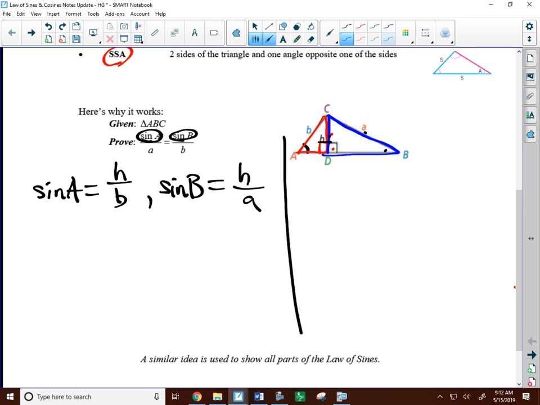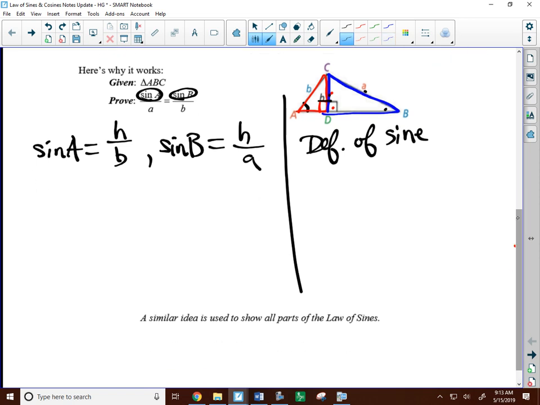Just so you know, I'm going to write over here on the right side what property we really used, the reasons. I'm not going to do a more official proof. That was just a sine ratio. You could put sine ratio or definition of sine. Either of those is good.